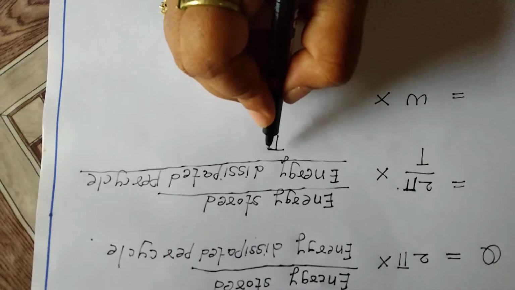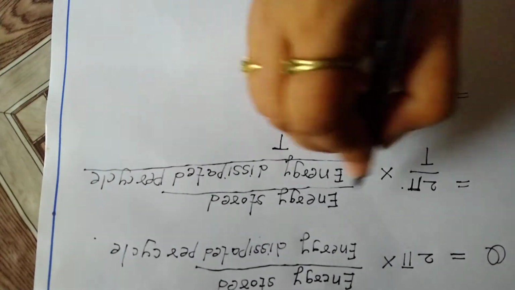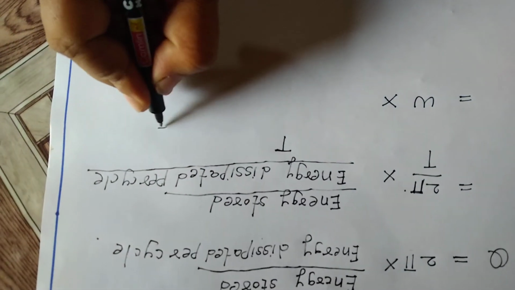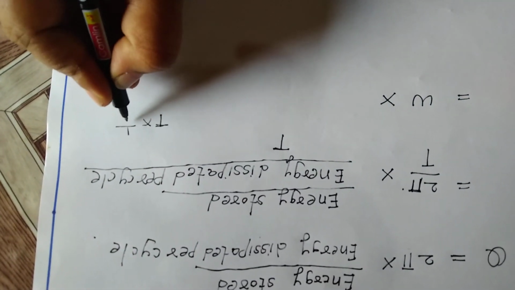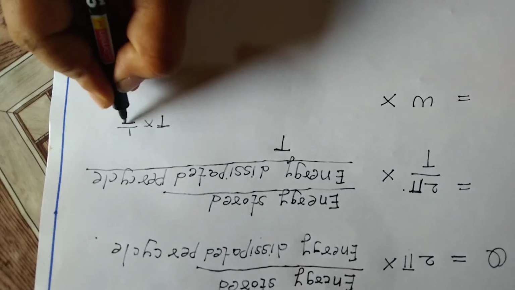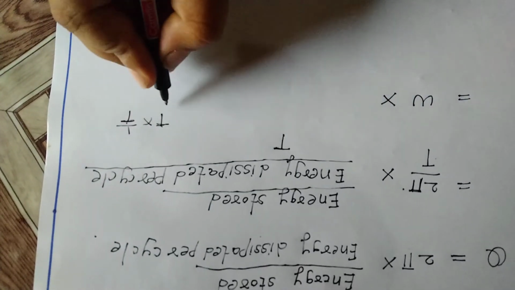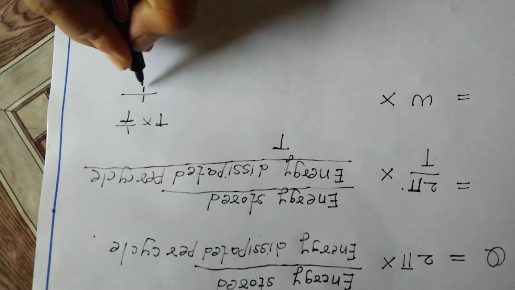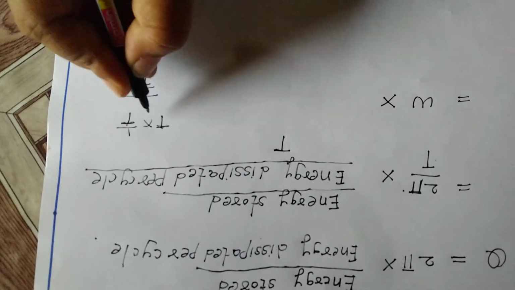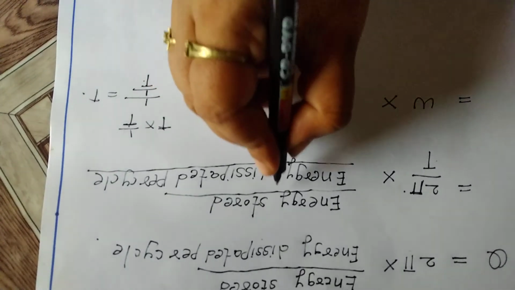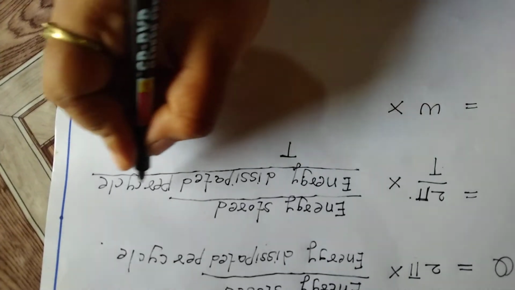So this can be written with energy dissipated per cycle divided by T.